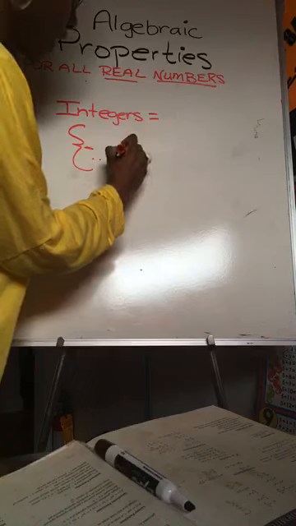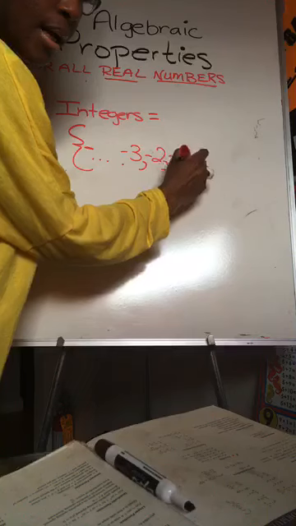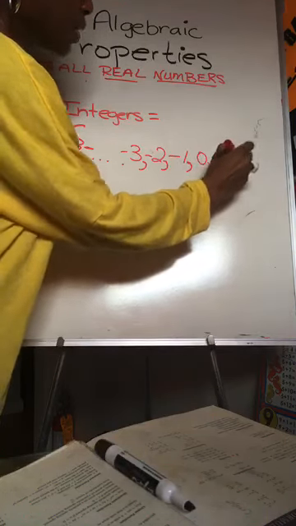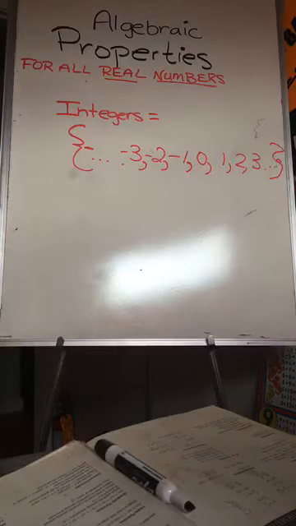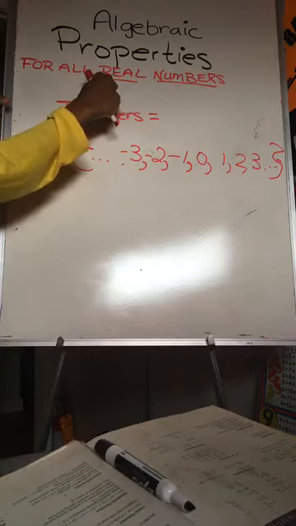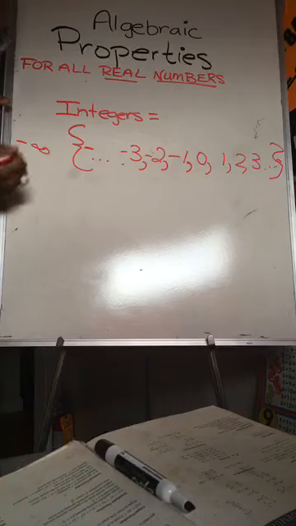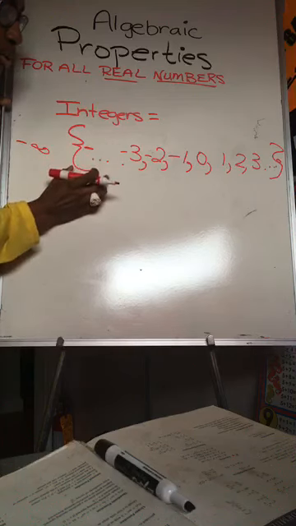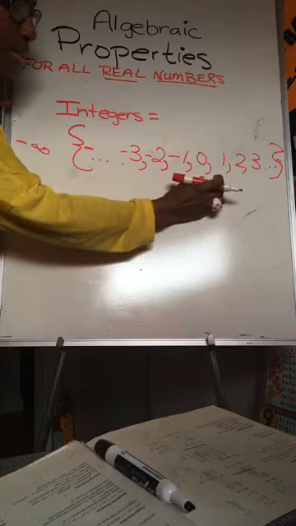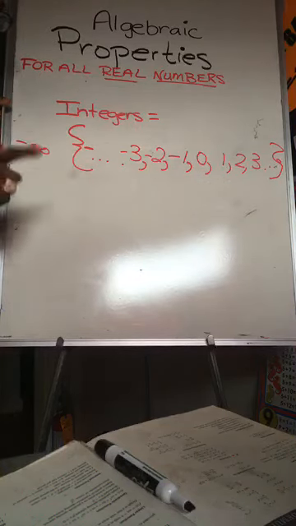So it can start from -3, -2, -1, 0, 1, 2, 3, dot, dot, dot. Integers are still real numbers, but they begin with the negative number. So it's all the way to infinity, negative infinity, so it never ends. Integers include all negative numbers plus 0 plus your positive numbers. Those are still real numbers.